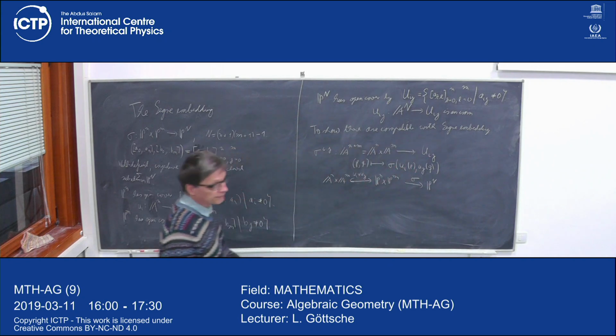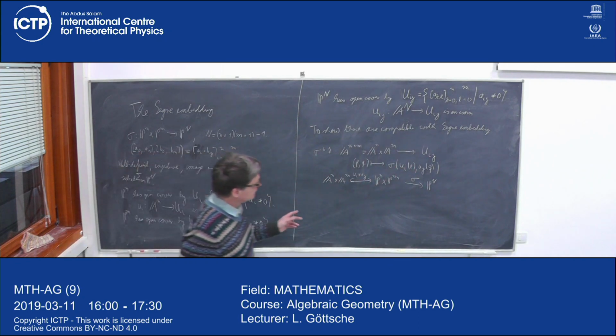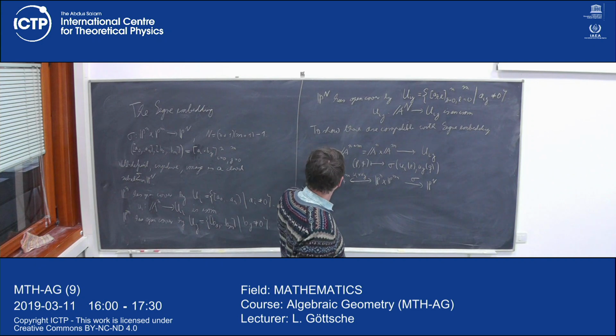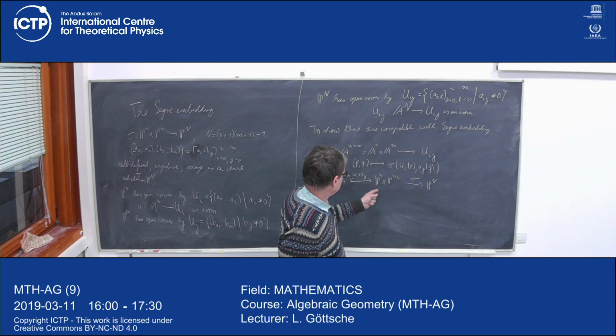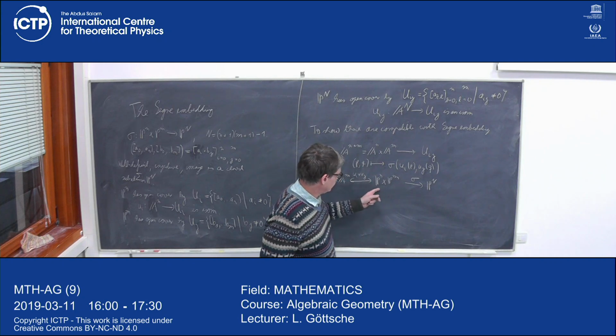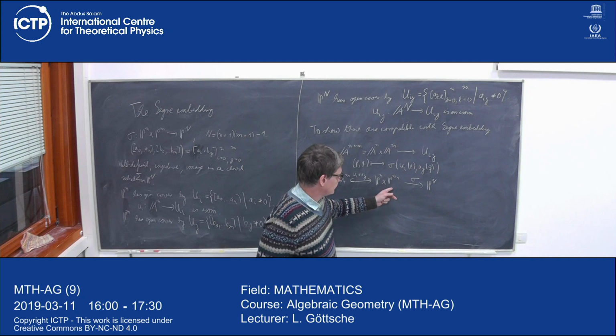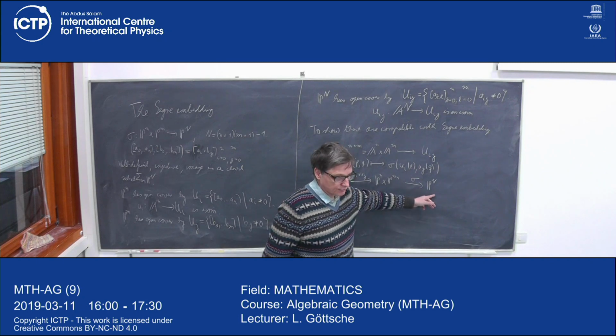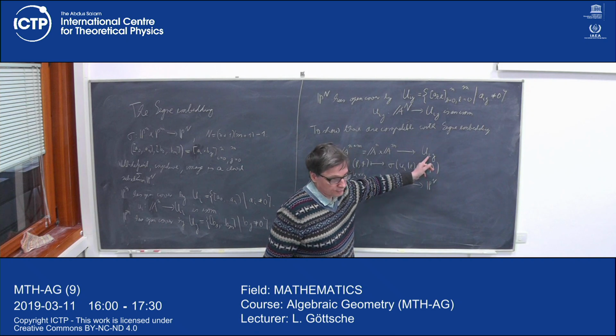And okay, so this is the map, and we can see that if we start here, this will be mapping into U_i times U_j. So here the i-th coordinate is not 0. Here the j-th coordinate is not 0. So here the U_ij coordinate will be non-zero. So we get into this open subset.